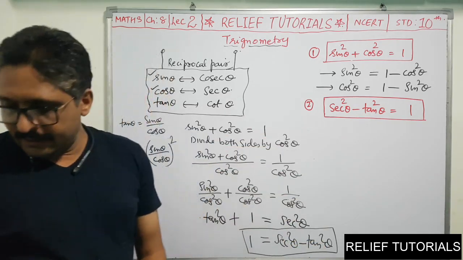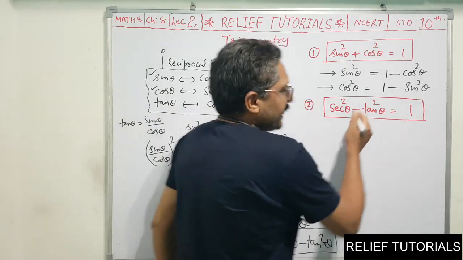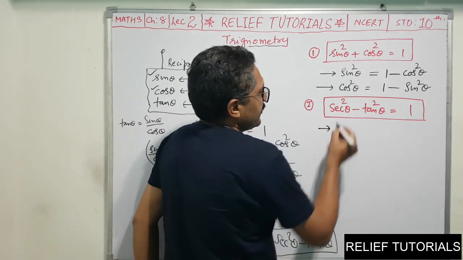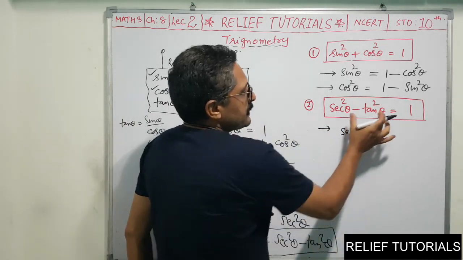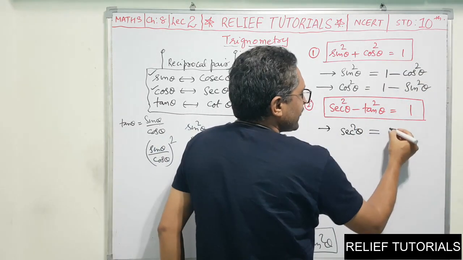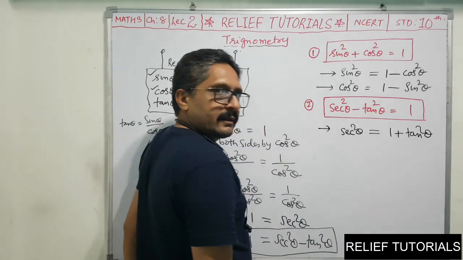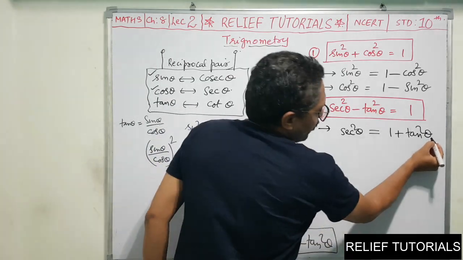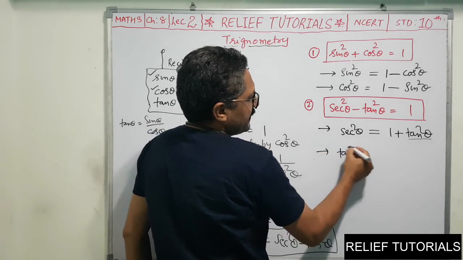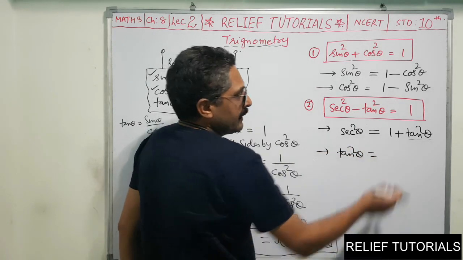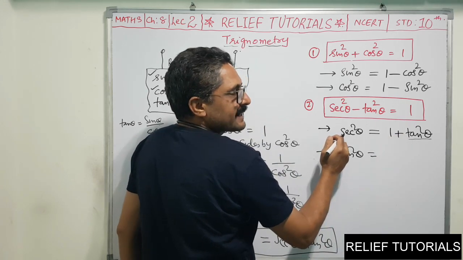Clear? So now from this we can derive two more identities. See, I can write here sec square theta is equals to this minus tan square when it goes on the other side. So 1 plus tan square theta. Okay. Now I want to find tan square theta. So I can write here, say tan square theta is equals to this 1 addition when it goes on the other side. It will be subtraction.